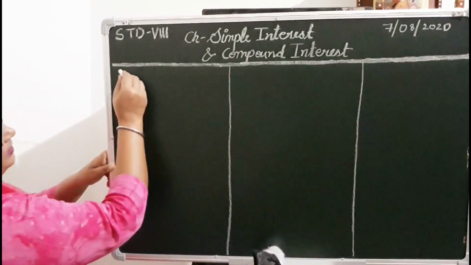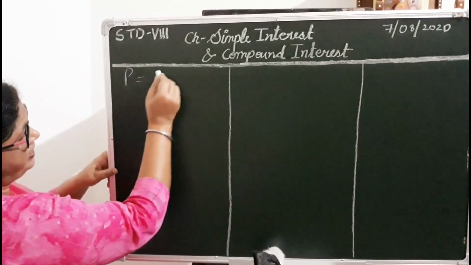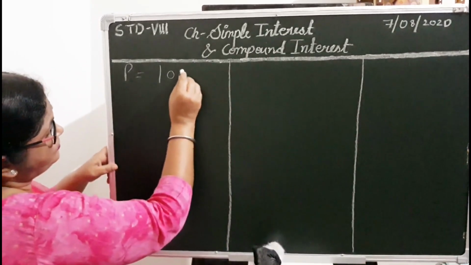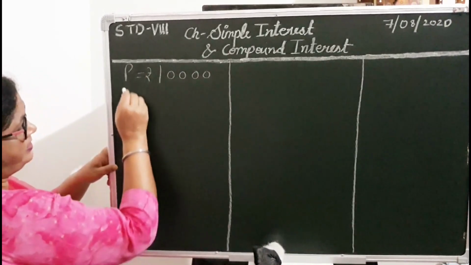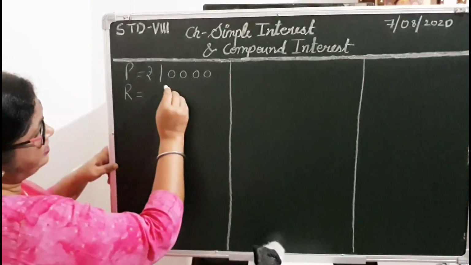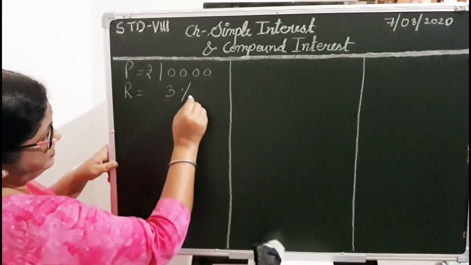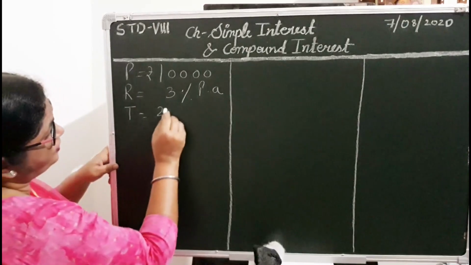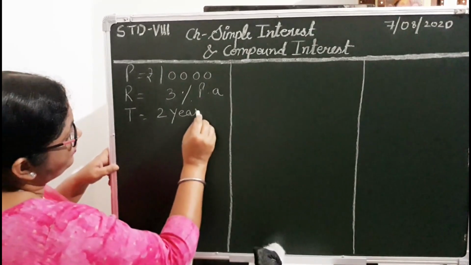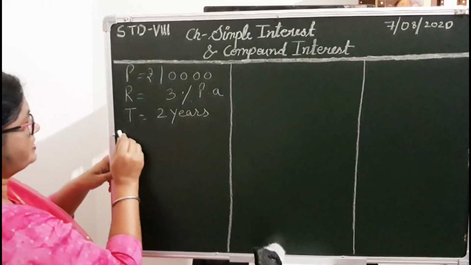For example, we take 10,000 rupees from a bank at a rate of 3% per annum for 2 years. How can you find the simple interest?